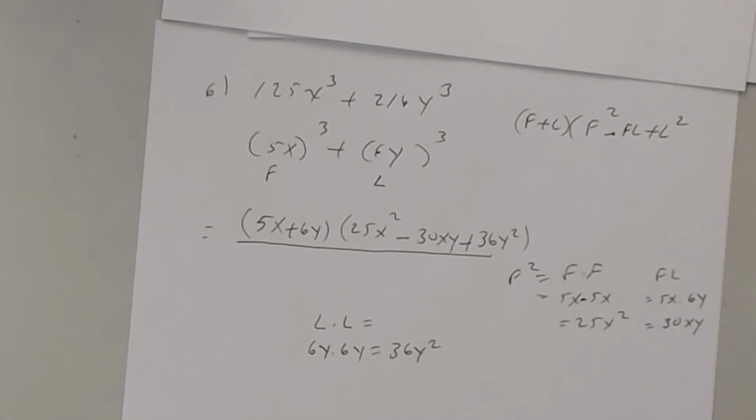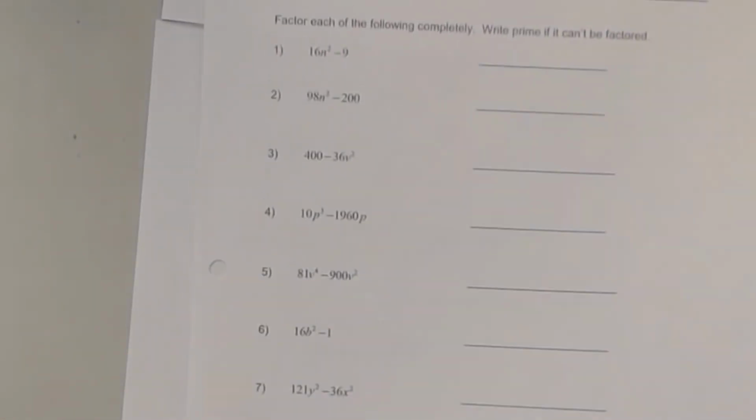Let me give you this. This is part A. Now part A, I'm going to cover real quickly. Part A is the difference of two squares. So use our examples to do that.